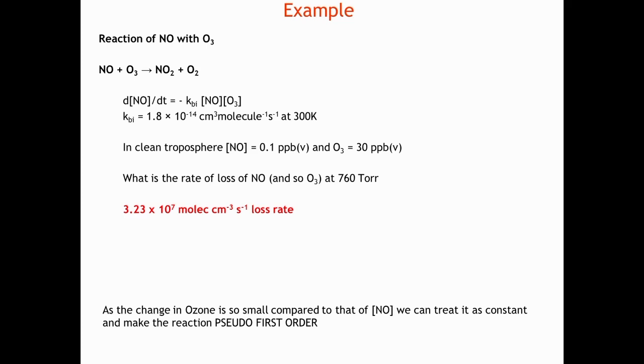So if you were all fed that sort of information, could you all calculate that reaction rate? Good. Really quite straightforward. Now, the change in ozone is really small compared to that of NO. Why is that?